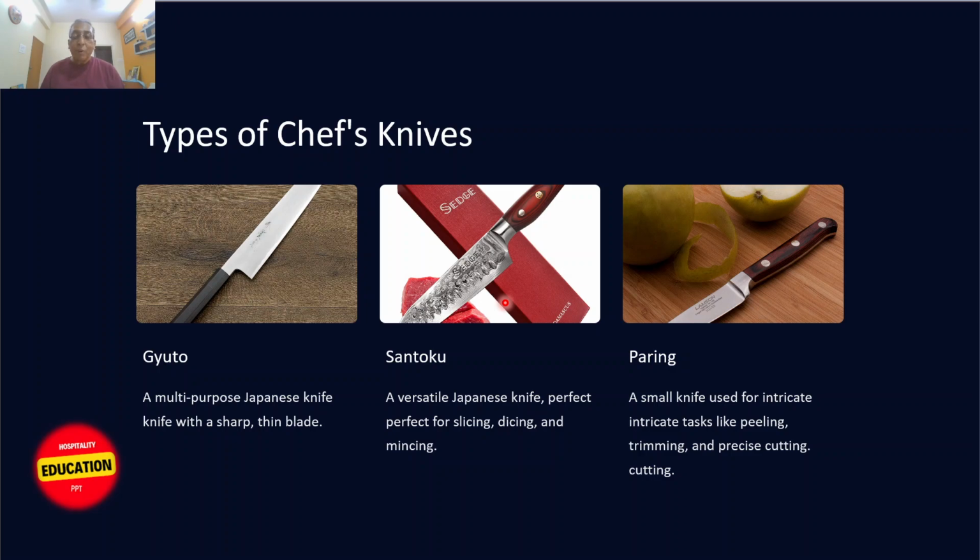It is also a versatile Japanese knife, perfect for slicing, dicing and mincing vegetables. And the third one is known as the paring knife, a small knife used for intricate tasks like peeling, trimming and precise cutting.